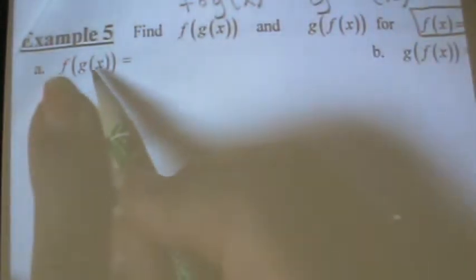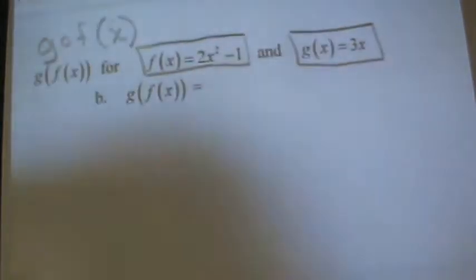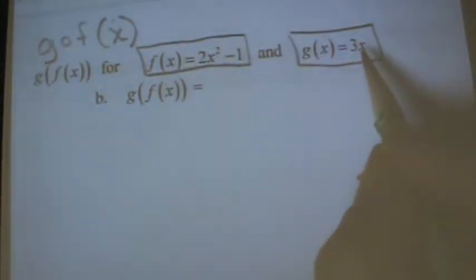This one is directing you to take x and first stick it into the g function. If you put x into this g function, what do you get? You get 3x. So now you're going to do f of 3x.